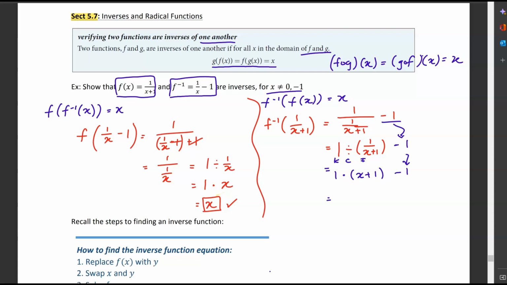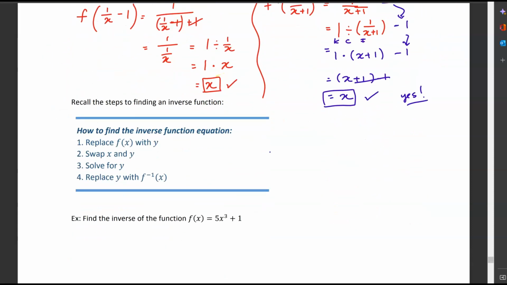Now this is just 1 times this, so I'm left with x plus 1 minus 1, and my plus 1 and my minus 1 go away, and I'm left with x. And so it checks out. I've checked both of them, so it turns out that they both are inverses.